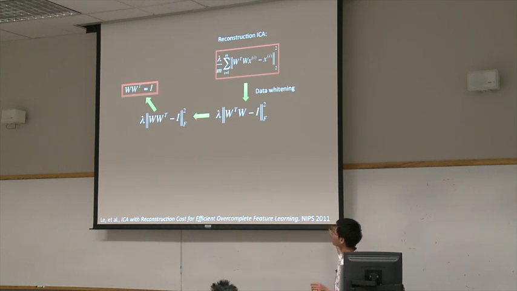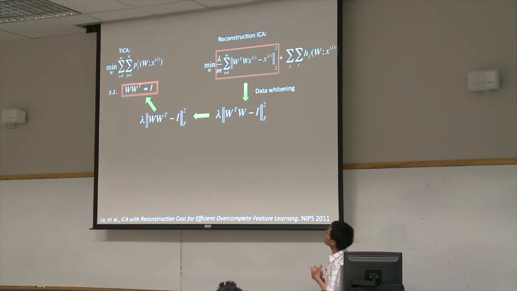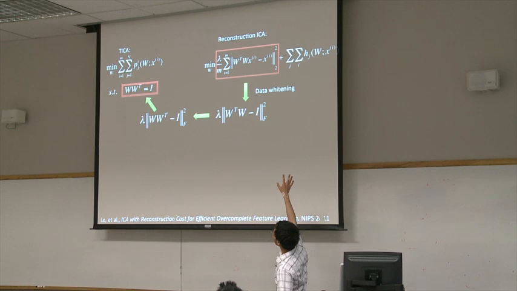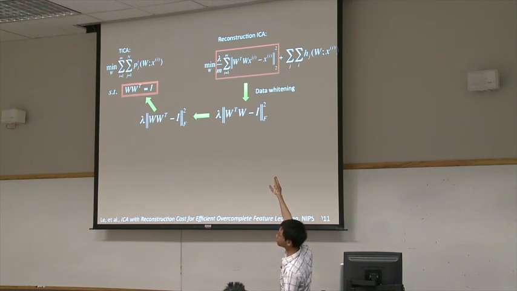You can find the proof in this paper here. Quite technical though. After having proved the equivalence, we can see that the harder constraint actually turns out to be the soft constraint right here.